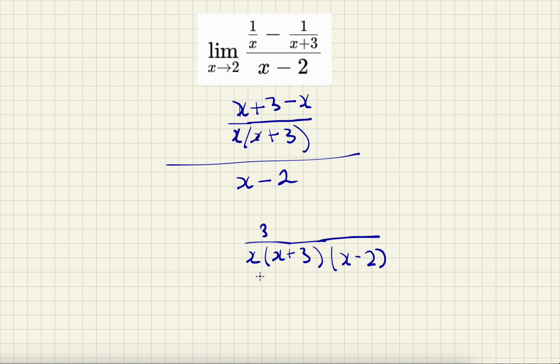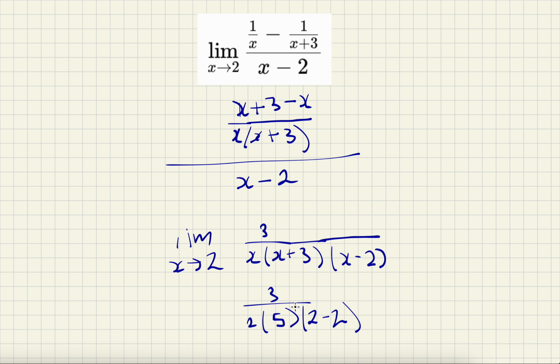And so now we can try to plug in our value, which in this case is 2, because x is approaching 2. We get 3 over 2 times 2 plus 3, which is 5, times x minus 2. And so x minus 2 is actually 2 minus 2, which is 0.